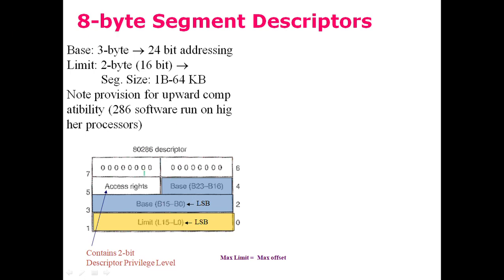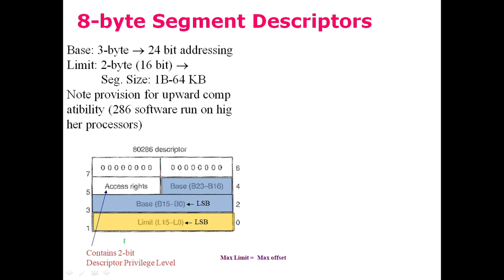And when a particular segment descriptor like this is accessed, that descriptor in the 80286 microprocessor would give us the starting address of the segment, and the offset address is then added to access that particular byte, and the limit is defined here. That would give us the maximum size of the segment defined by this descriptor.